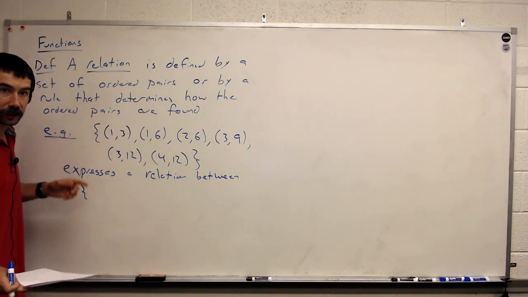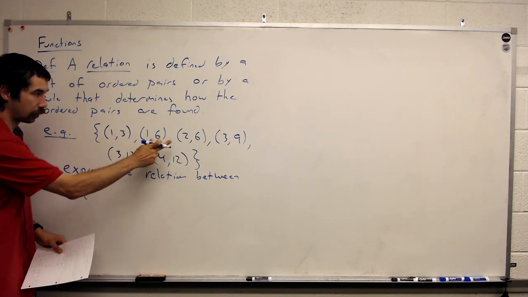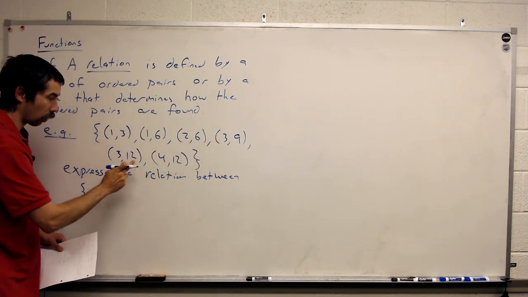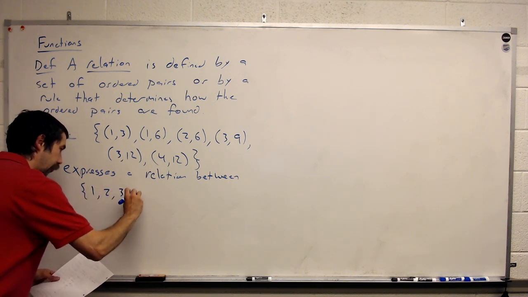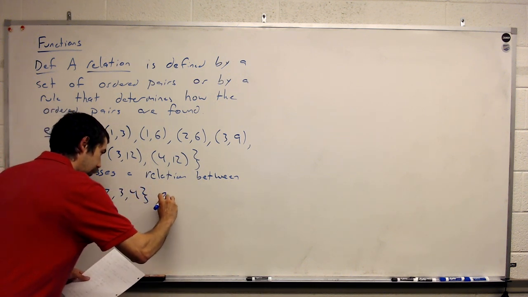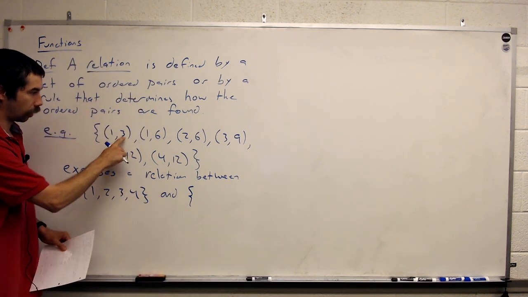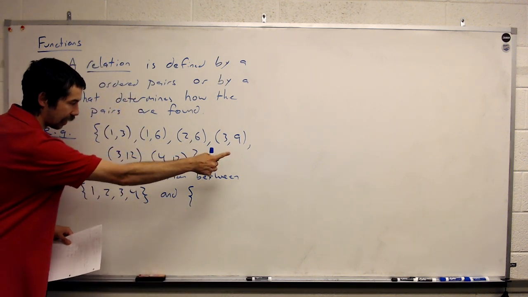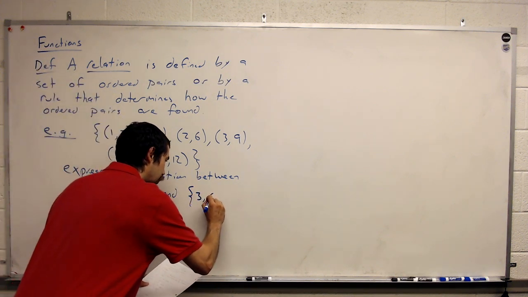Well, what are the first entries in our ordered pairs? 1, 2, 3, and 4. And the set of second entries, which are 3, 6, 6 again, 9, 12, and 12. So just 3, 6, 9, and 12.